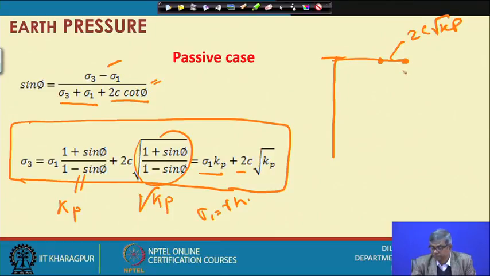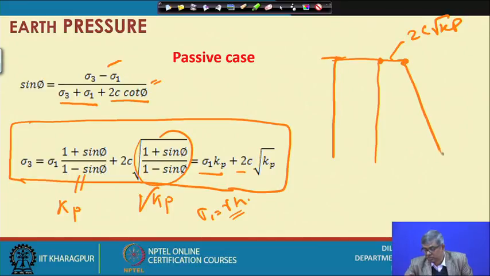Suppose this is the wall face and this is the value, and from this value further, as h is increasing, this will be adding. So from here it will slope, and the diagram will be something like this. When it is a passive case, the earth pressure diagram has some positive value at the surface and again some positive value at the bottom.